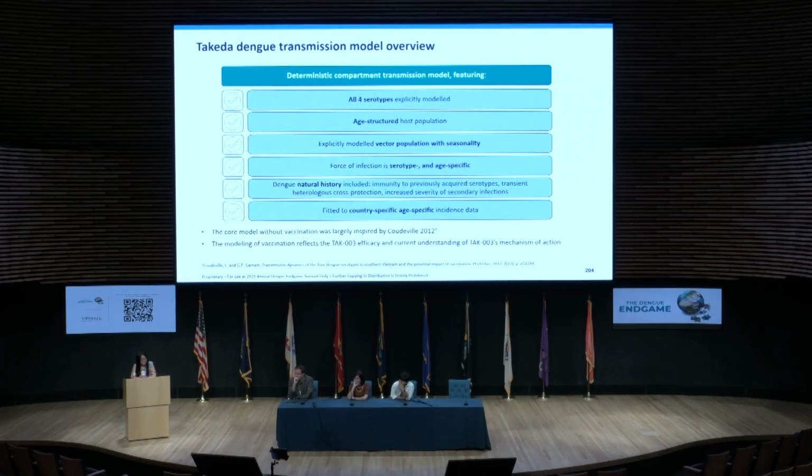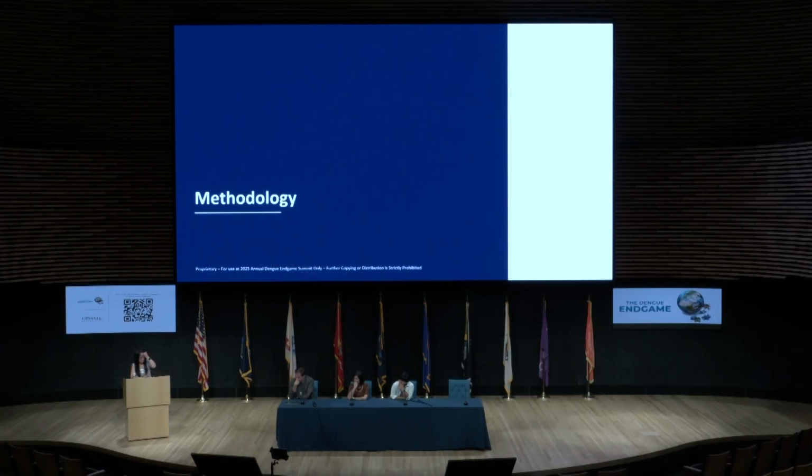The force of infection is therefore serotype and age specific. As standard, we take into account dengue natural history, so, for example, secondary infection is more severe compared to the other orders of infection. And as I specified, our model is fitted to country-specific, age-specific incidence data.